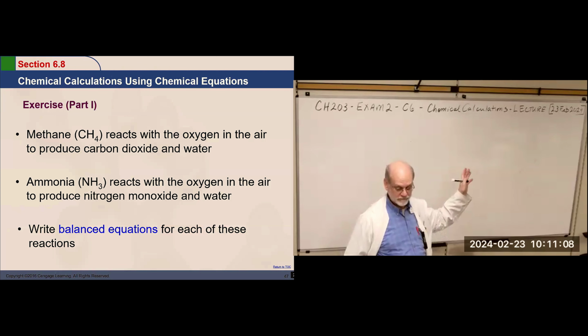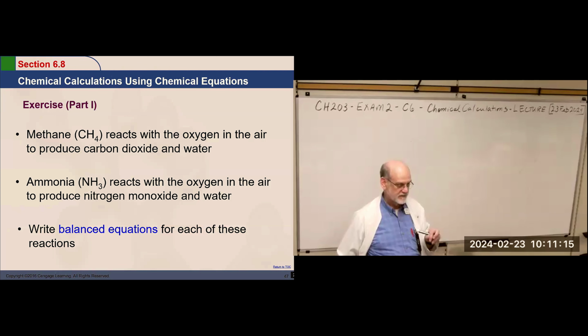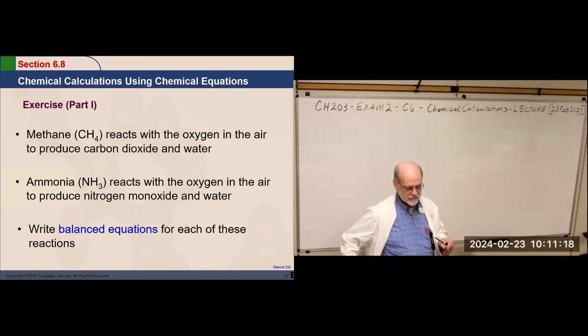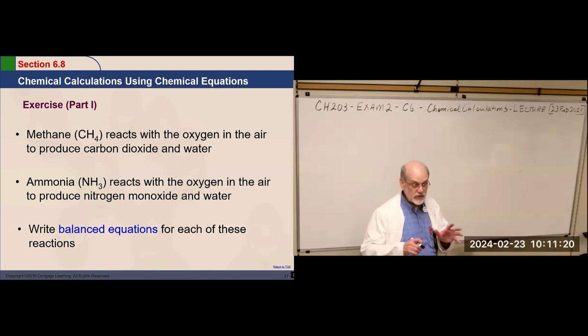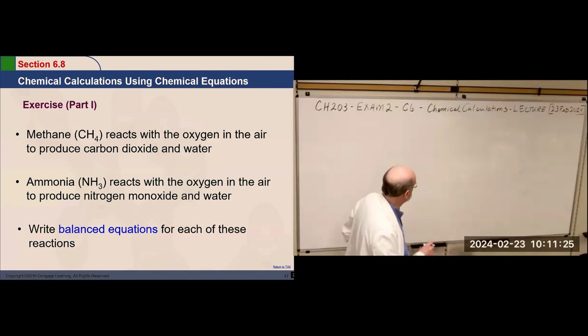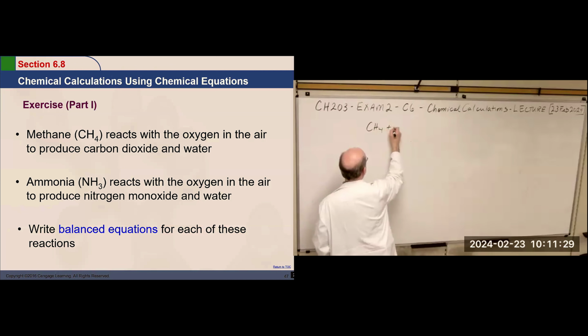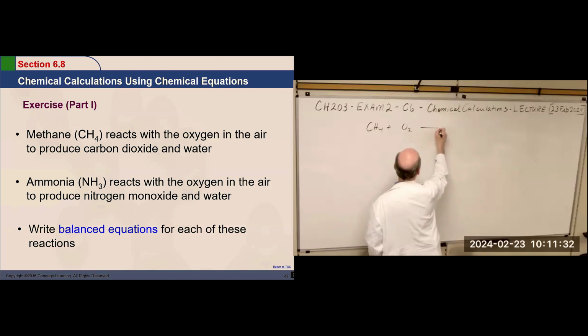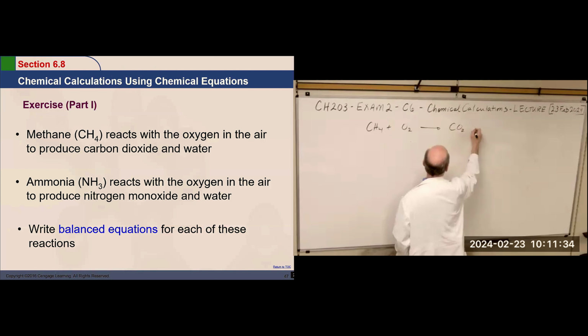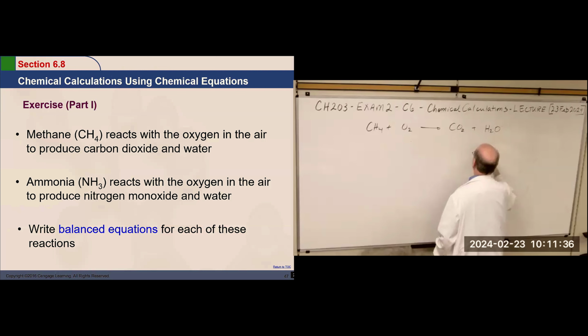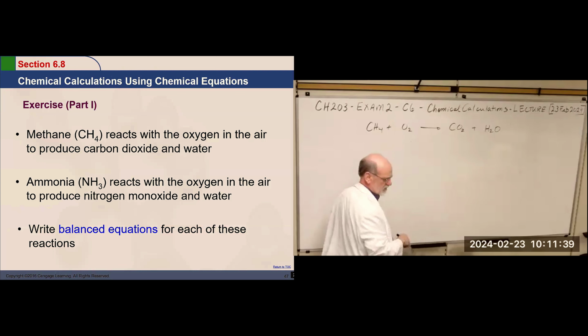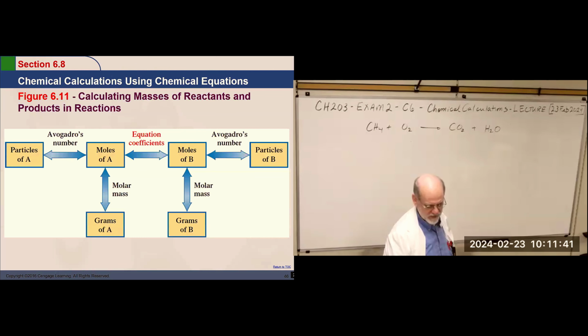We did that one before. Ammonia can also react with oxygen in the air to produce nitrogen monoxide and water. First, we want to balance the equations. Then we're going to do something with them. All right, so that's the simple part. We're going to balance the equations. And let's see, methane plus oxygen yields carbon dioxide plus water. Let's see. Do you remember, so we don't have to go through that again.